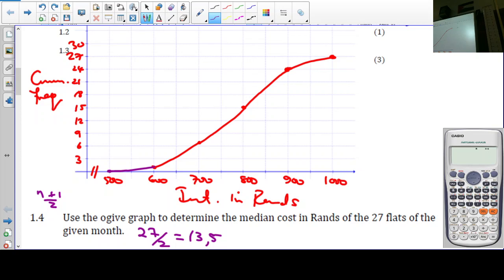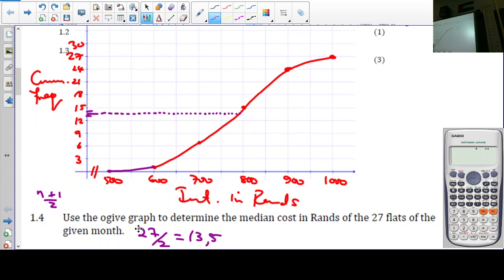So that's 12, 13, 14, 15. 13.5 is midway between that. With a ruler, I drew the dotted line across until I hit the graph. Once I hit the graph, I turn the ruler vertical.